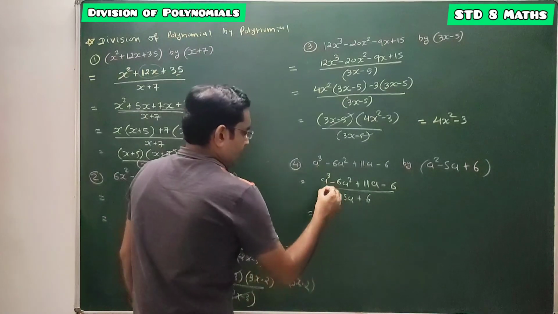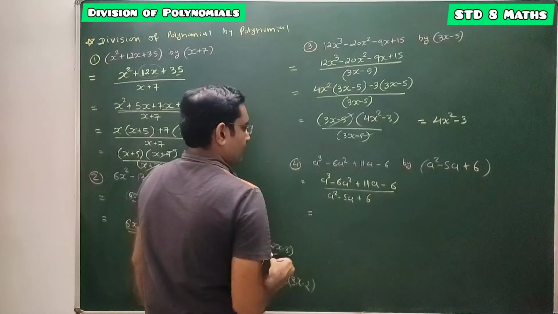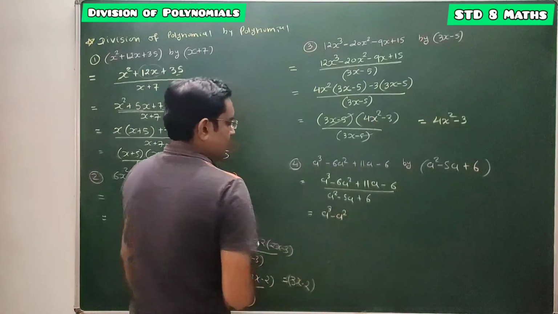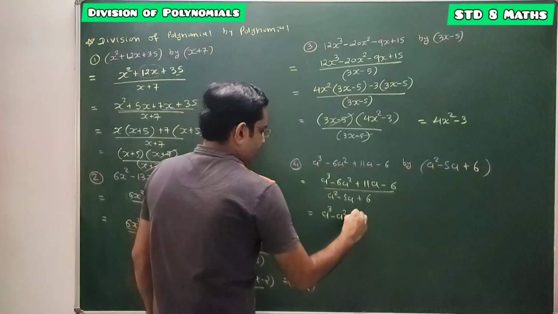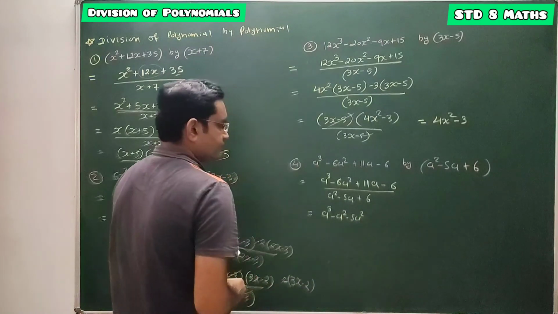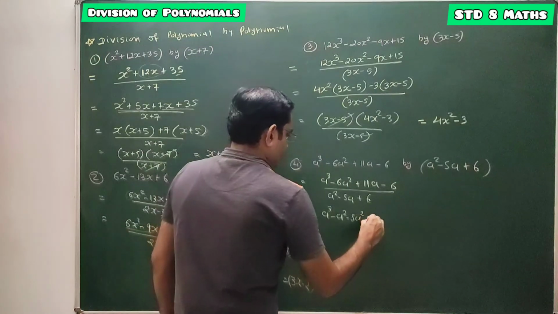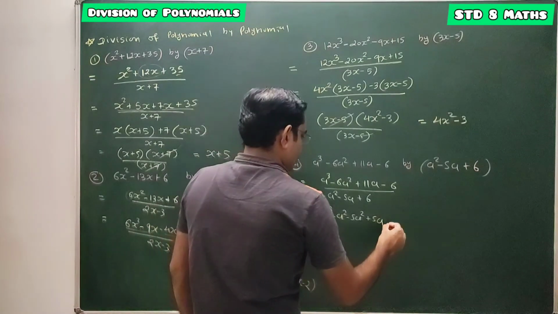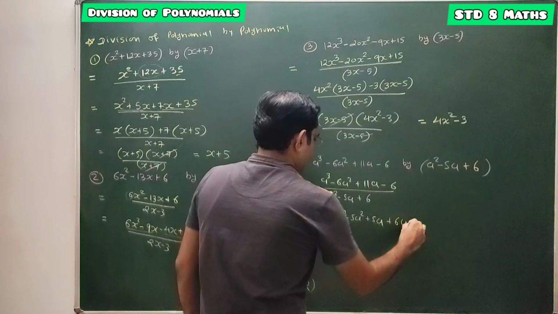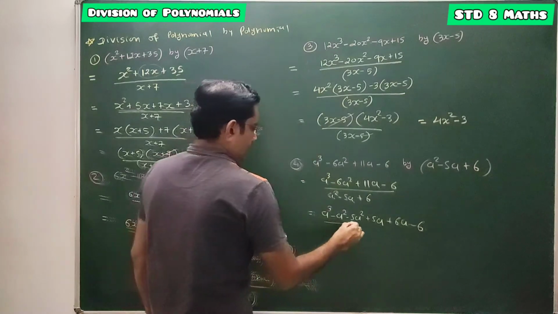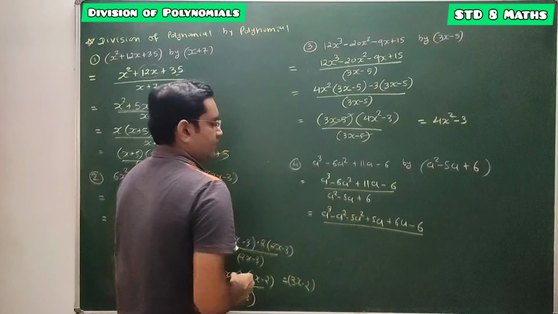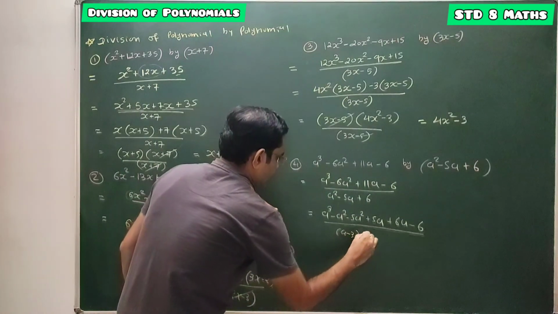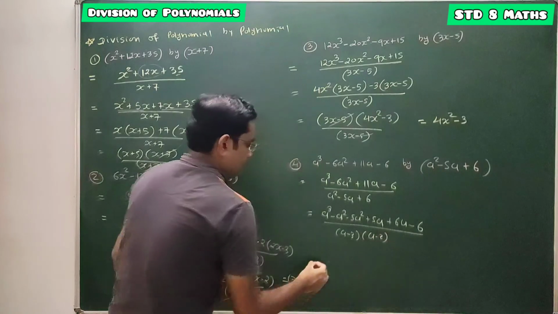So writing this polynomial with a minus 1 as a common factor: it's a cube minus a square, then minus 5a square, so we have to take plus 5a. For plus 5a we have to add 6a minus 6, divided by the factors of a square minus 5a plus 6, which are a minus 3, a minus 2.